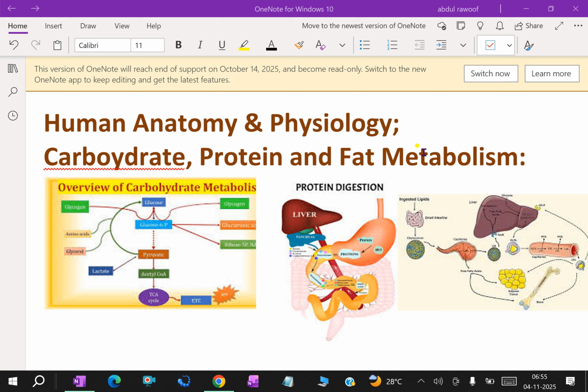Next is fat metabolism. Fat is synthesized from the excess dietary carbohydrate and proteins and stored in the fat depots, that is, under the skin, in the omentum or around the kidneys.